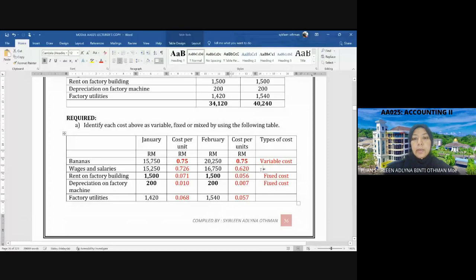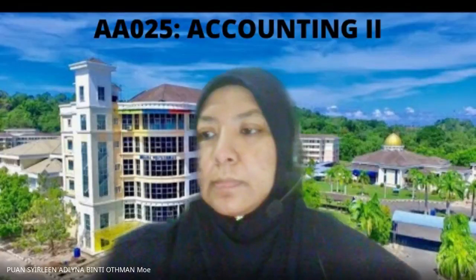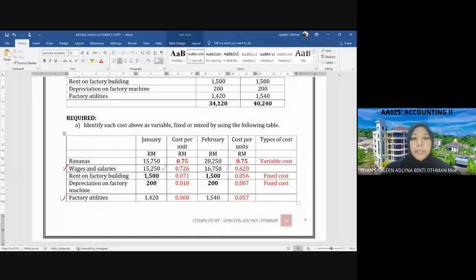Okay? Alright, so sekarang you ada wages and salaries. Okay, and then you ada factory utilities. Kalau you nampak wages and salaries dan factory utilities ni, untuk total tak sama. Betul? Per unit pun tak sama.